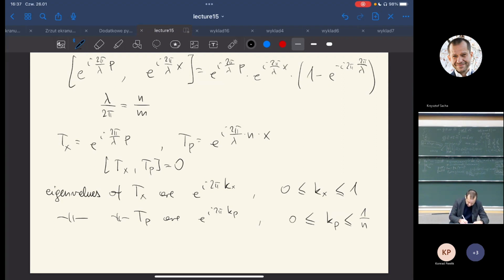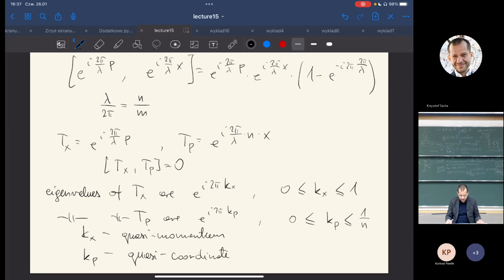So we have Kx, which we can call quasi-momentum, and this is due to the periodicity in space. And there is also Kp, which can be called quasi-coordinate, and which is due to the periodicity in the momentum direction.